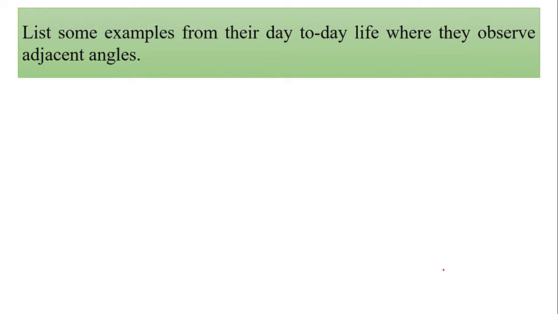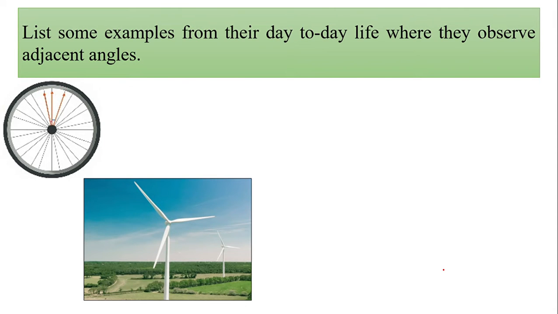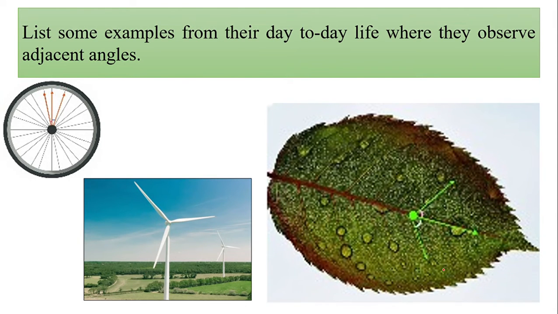Now students, I know you have noticed many examples from your day-to-day life where you observe adjacent angles. So now let me show you examples related to those. So in front of you, first, second and third. Do you notice in the three images we have adjacent angles, right? So let's go one by one. Here in the wheel, we notice these two angles are joined at one point and they have a common arm. So these are two pairs of adjacent angles.